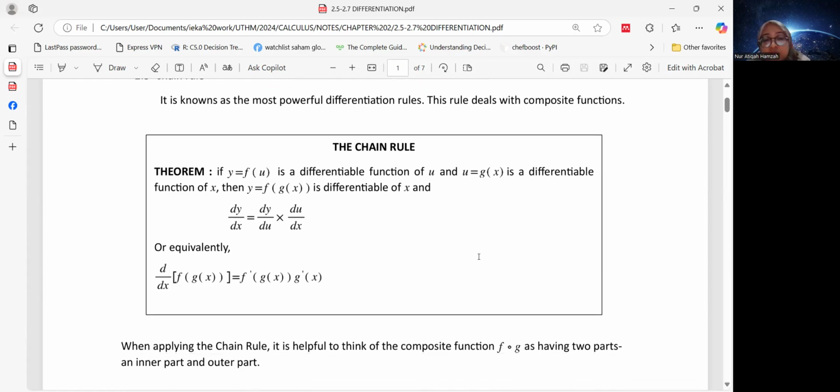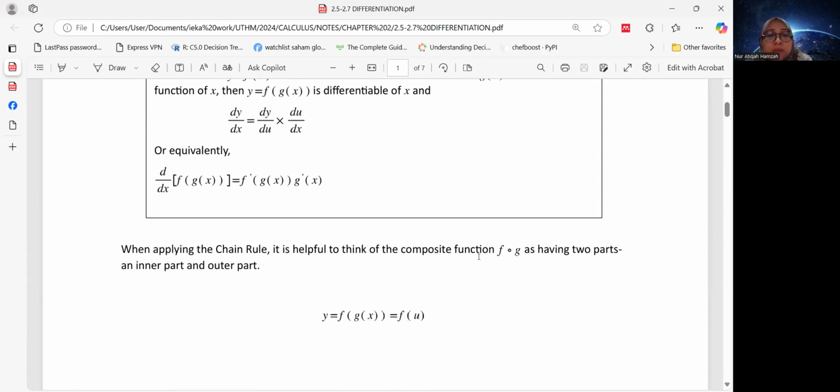Or equivalently, we can say that d/dx of f(g(x)) is equal to f'(g(x)) times g'(x). When applying the chain rule, it is helpful to think of the composite function f of g as having two parts, an inner part and an outer part.